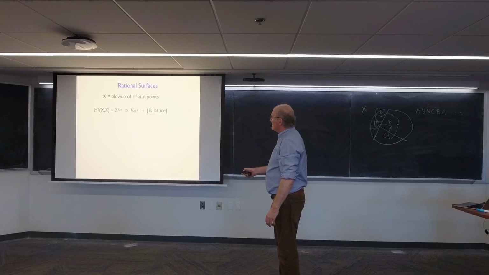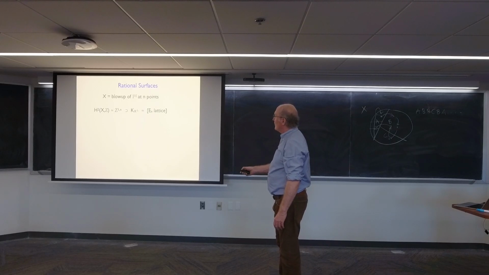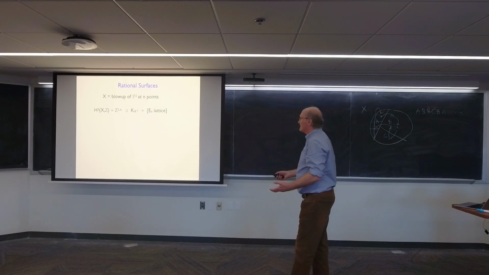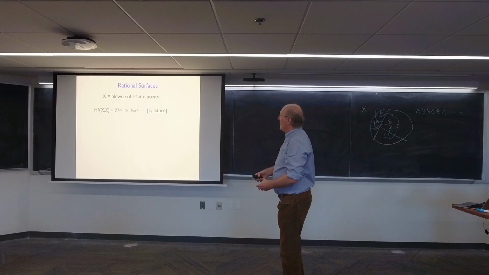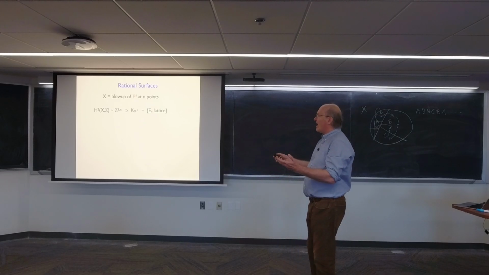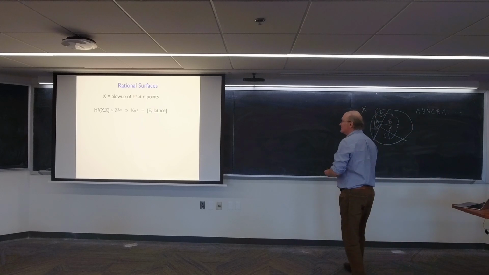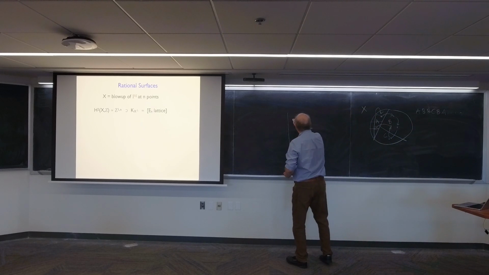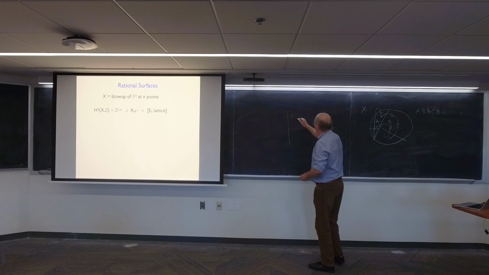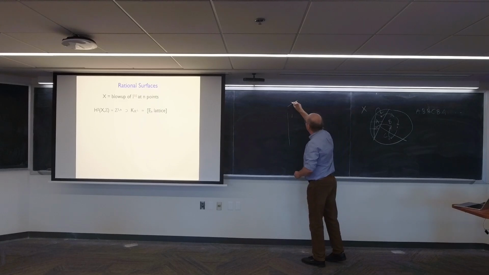And if you blow up n points, the second cohomology, which started out being just Z, becomes a lattice of rank n plus 1. And it has the obvious intersection form of signature (1, n). It's not positive definite. Rather, the intersection form is 1, the intersection of a line with itself on P2.